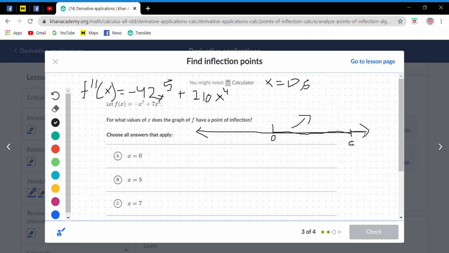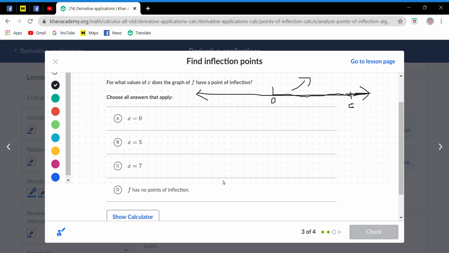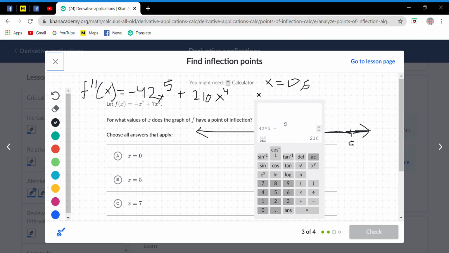And let's see from 5 to infinity. Let's pick a value, let's say 10. 10 is a very high value for this problem.